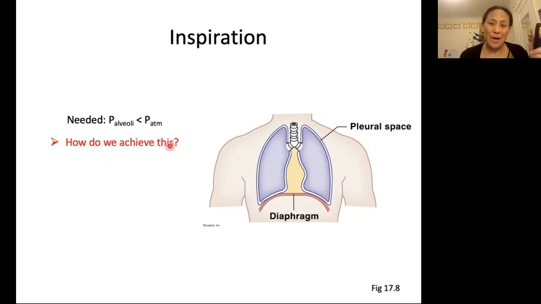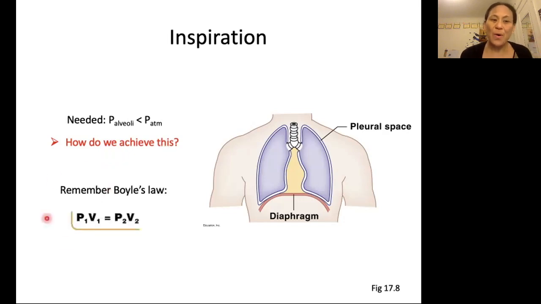I want you to think about that, but I will also remind you of Boyle's law. We're going to start with a certain pressure and volume in our lungs. We want to make the pressure in our alveoli low. So what are we going to need to do with the volume in order to get that to happen? Think about that for a second.